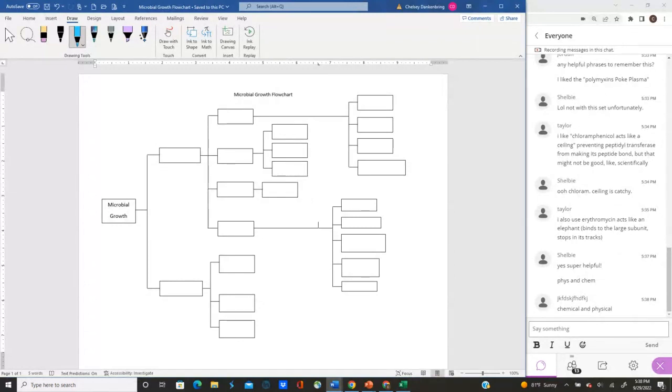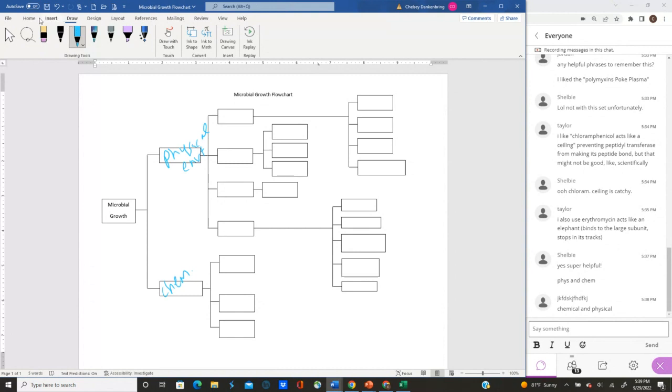So how I did it, I put the physical factors right here and chemical down here. I built out the top a lot more than the bottom. So remember, when we think about what microbes need to survive, their actual physical environment is really important. So that's what the physical means up there. I'm going to put environment.